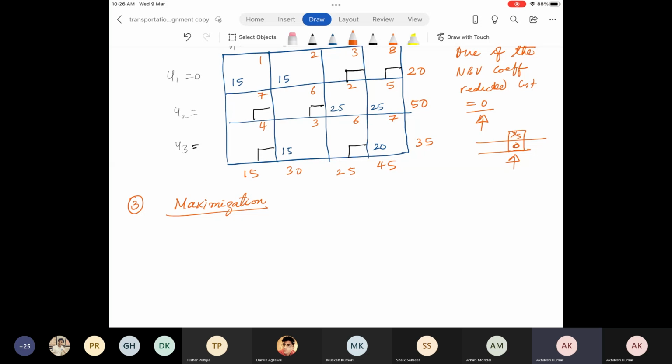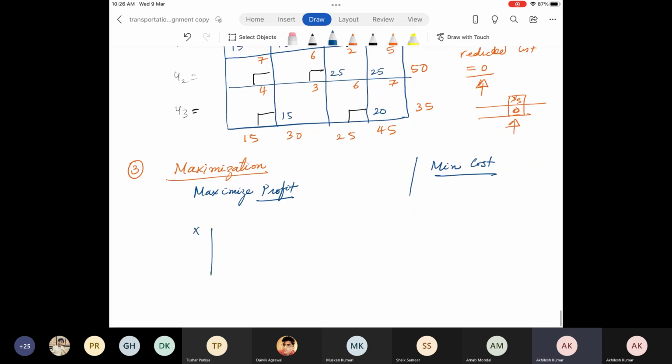So suppose instead of minimization, a maximization problem is given to you. Suppose maximize profit. Instead of giving minimize cost, the profit is directly given. One such case could be X, Y, Z as warehouses and A, B, C, D as customers. The profit of shipping 1 unit of product from X to A is given, X to B is given, and so on.